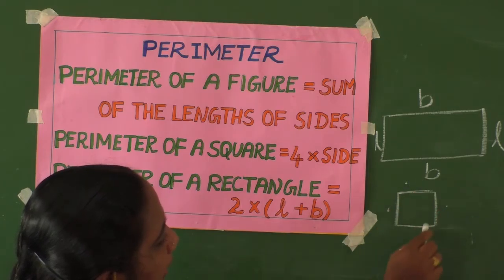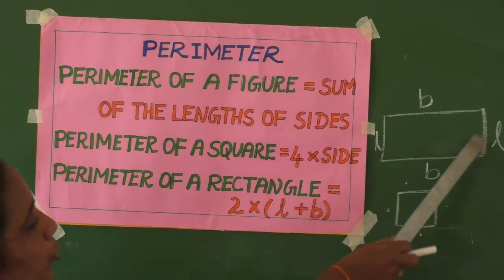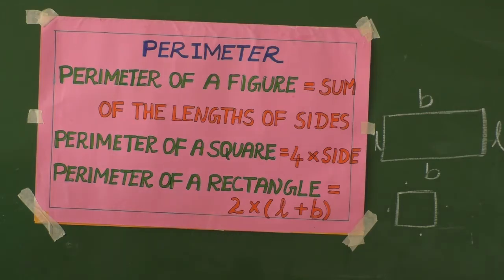So you have to add all sides, that's why we multiply the side by 4. Then the perimeter of a rectangle: the formula is 2 into (L plus B), because here we have 2 lengths and 2 breadths.